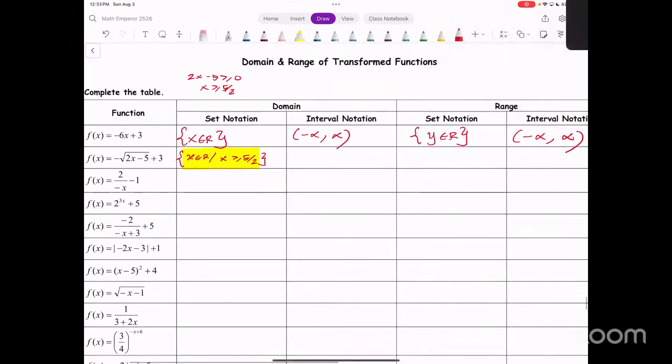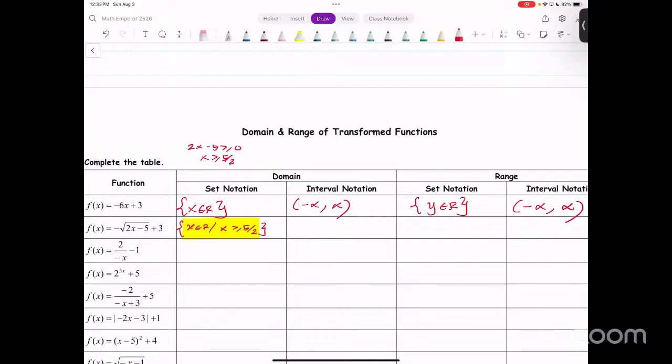There's no way you can think that far ahead. You need to draw the diagram. This is 0, this is 5/2, and we want everything from 5/2 onward. That's how it looks on a number line, and it allows you to visualize. Where do we start? 5/2. And it says include the 5/2, so we include it. Now the question is, where is the ending?